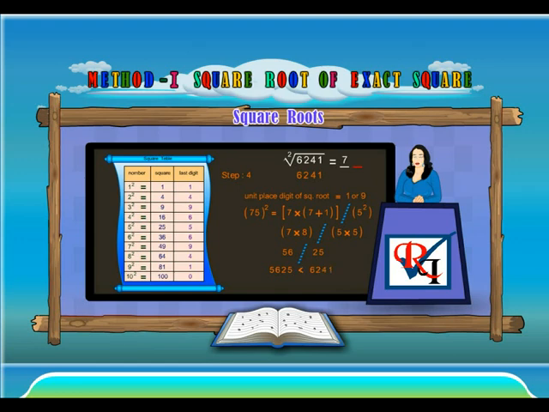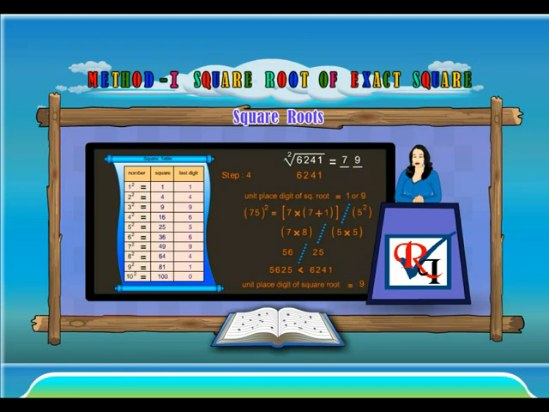Now compare this number with our given number 6241. It is clear that our number 6241 is greater than the square of 75. So here we take 9 as our unit place digit.